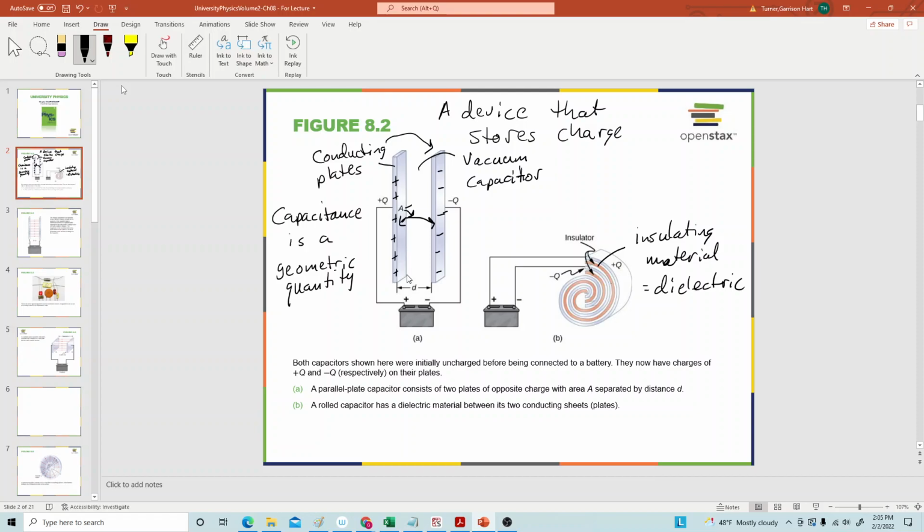The definition mathematically, and why we use capacitors in circuit components, is that the definition of capacitance is equal to the ratio of the charge that is ultimately deposited on both plates divided by the voltage of the source holding those plates at the potential. Okay? So capacitance is a geometric quantity, and what that means is for a given situation, this is constant.